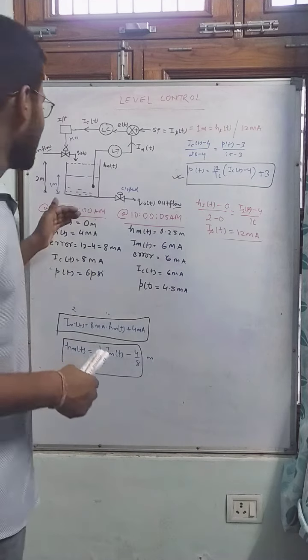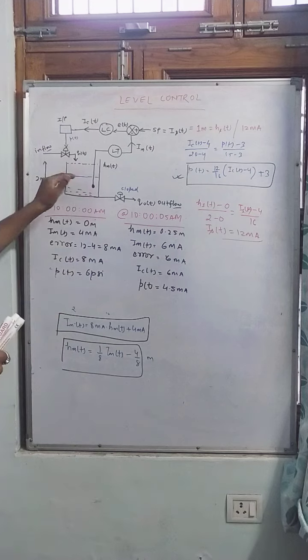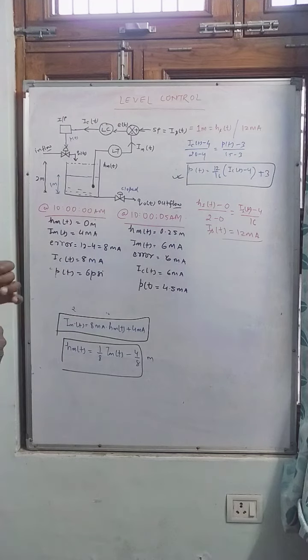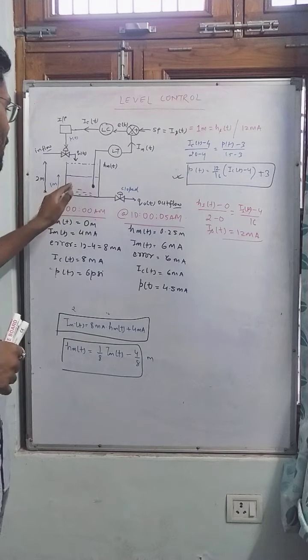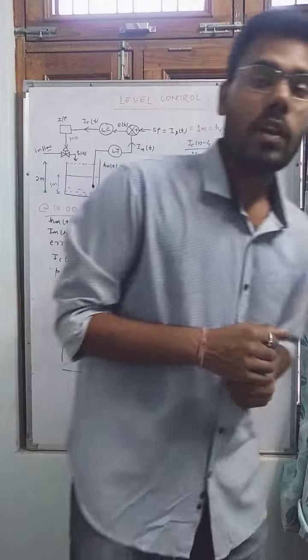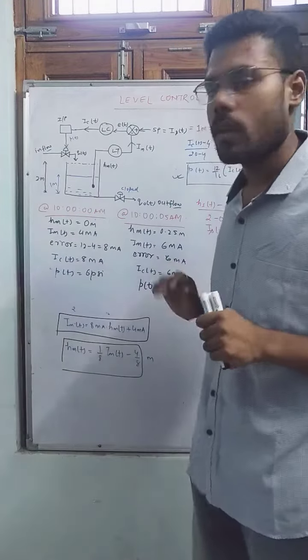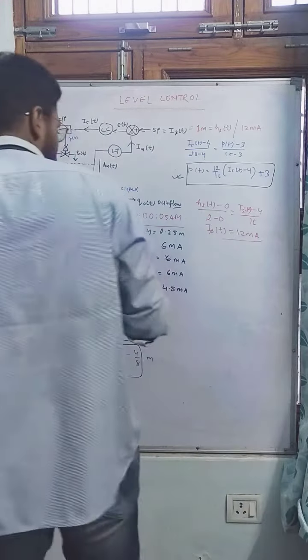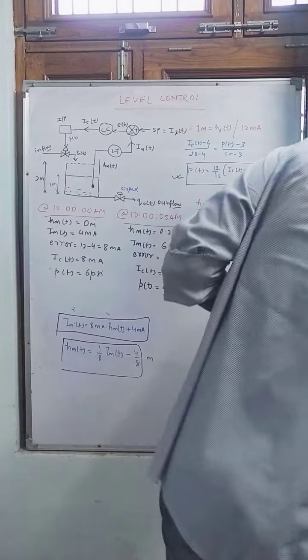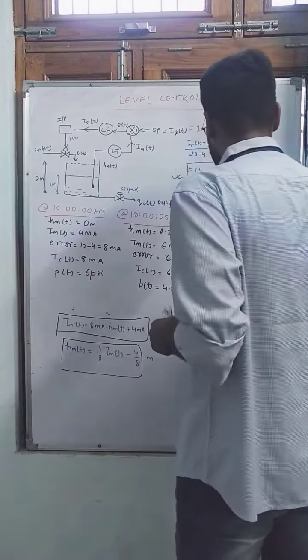So as we approach 1 meter, this valve has to be closed also. If you do not close this valve, the liquid level will go beyond 1 meter, and that is not required. We only have to maintain this 1 meter. So this is the condition. You can observe here. What you can observe? See here.